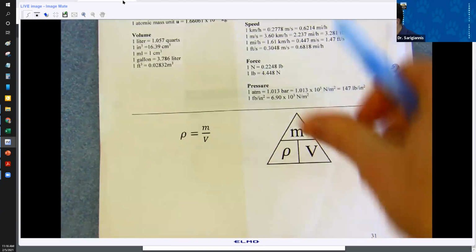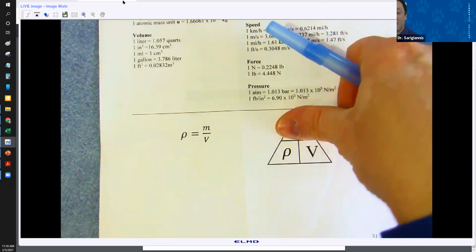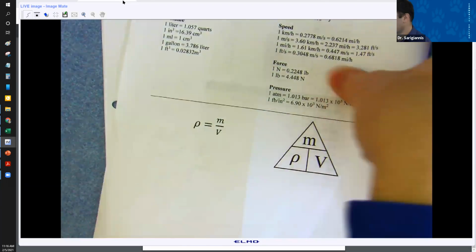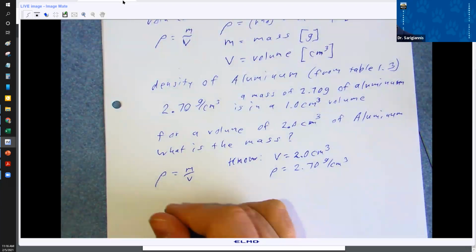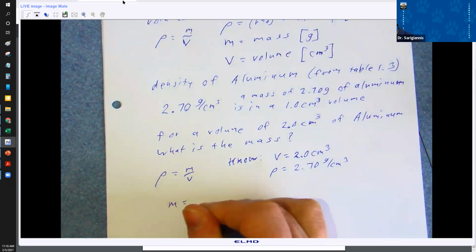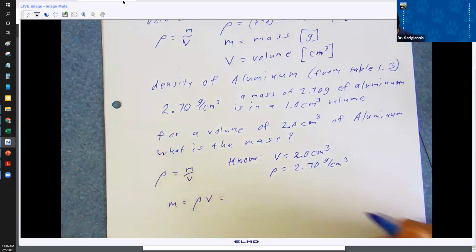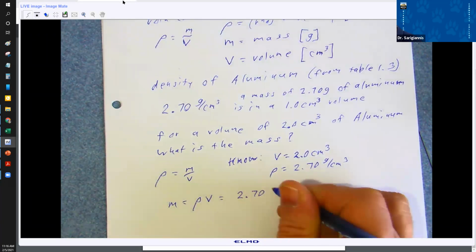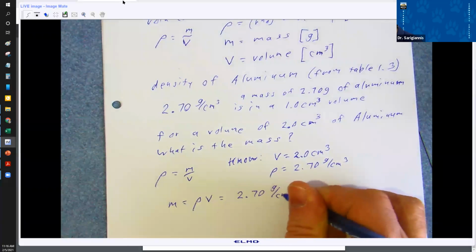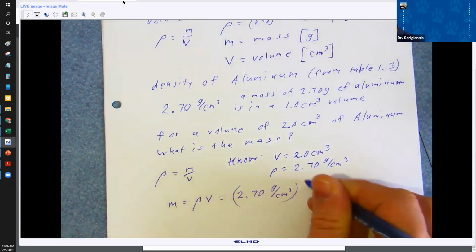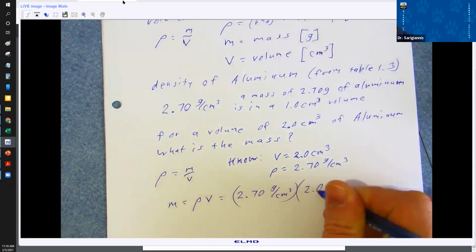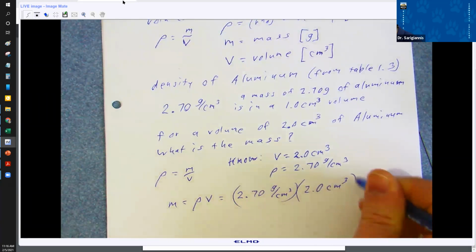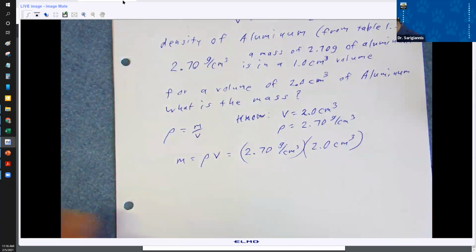And again, if you look up at your triangle, M is rho times V, or you just use algebra and say M is rho times V, which is equal to 2.70 grams per cubic centimeter times 2.0 centimeters cubed, right?